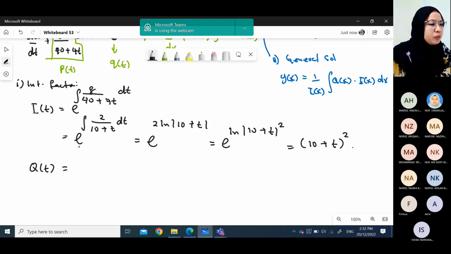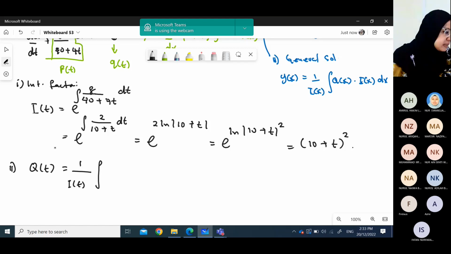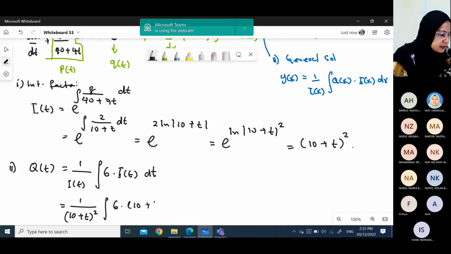So Q of t is equivalent with 1 over integrating factor that we have obtained in the first step, I of t, multiplied with the integral of q of t, so our q here is 6, multiply with integrating factor respect to t. 1 over 10 plus t, the whole thing to the power of 2, multiply with 6 times 10 plus t to the power of 2 respect to t.